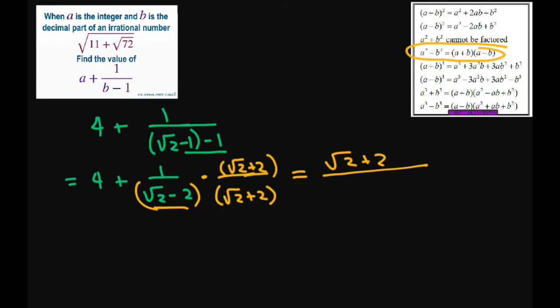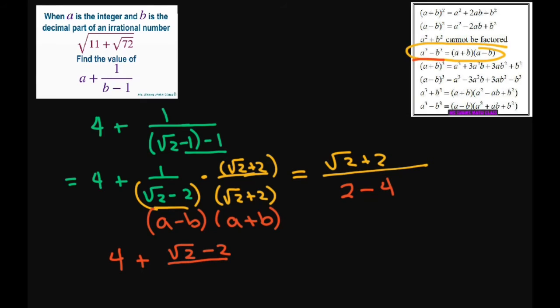Now my denominator, this is a minus b times a plus b, so that gives you a squared minus b squared. So that's just going to be 2 minus 4. So therefore we have 4 plus square root of 2 plus 2 divided by negative 2.